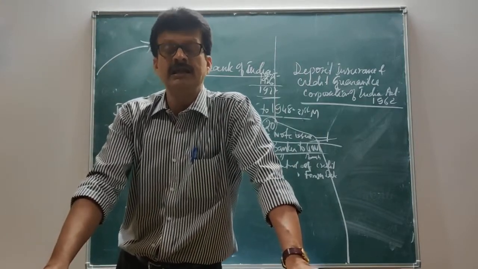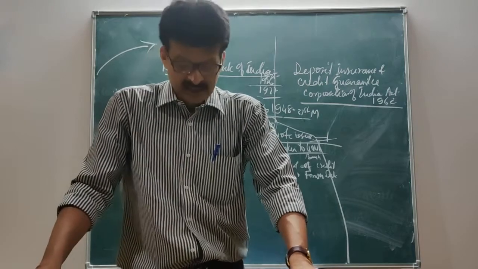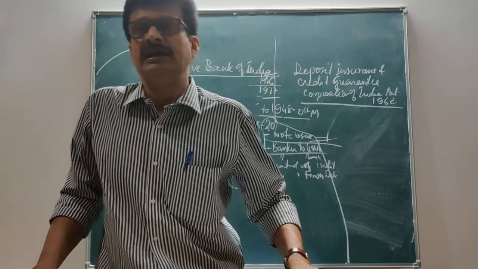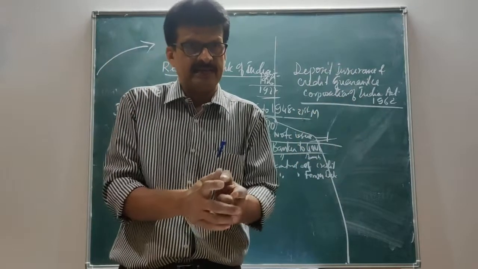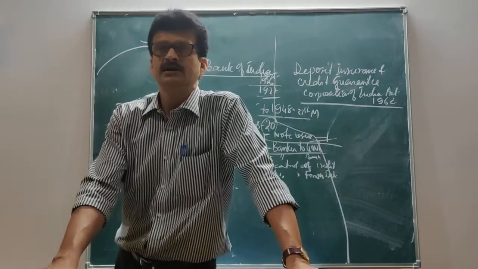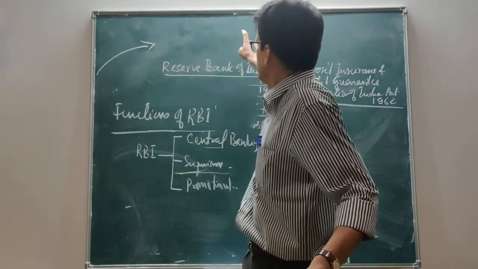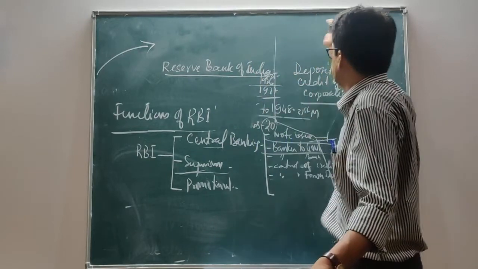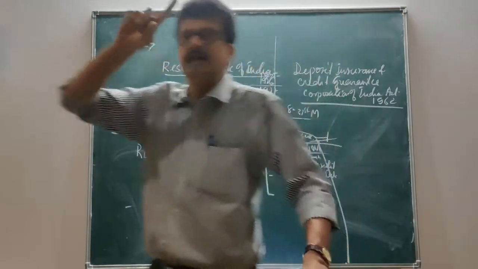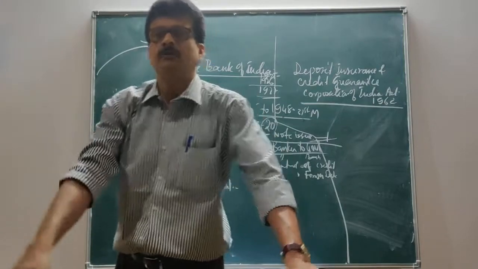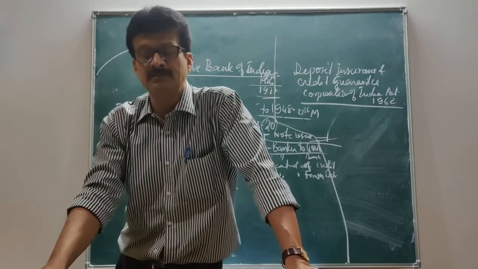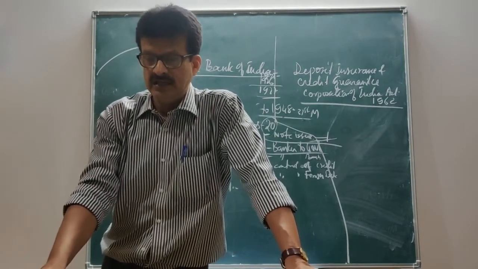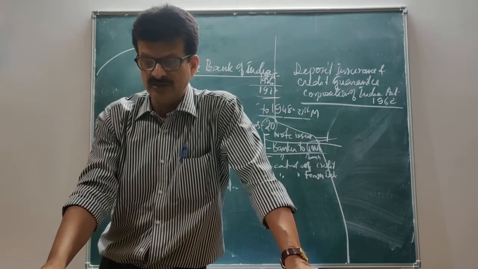When it is fixed, then of your total time and demand deposits, whatever RBI fixes from time to time, is it 3%, 3.5%, 4%, 5%, whatever they fix, that much of money should be deposited, maintained with the RBI. So therefore it maintains the cash balance of CRR.